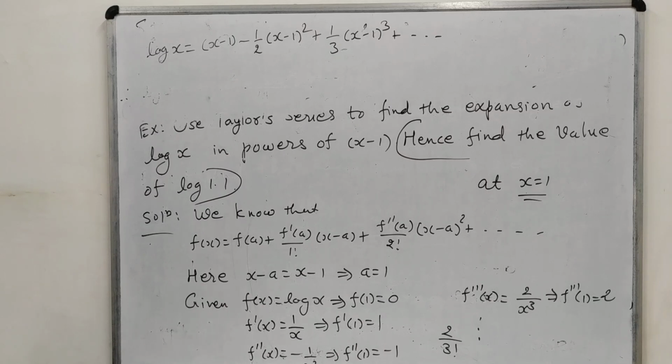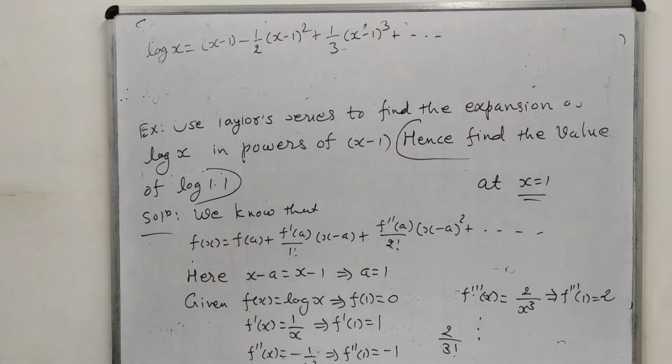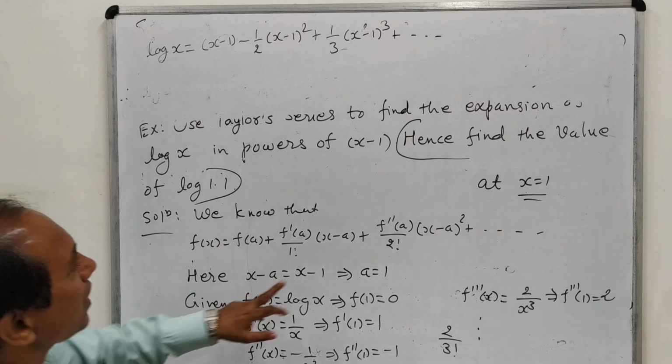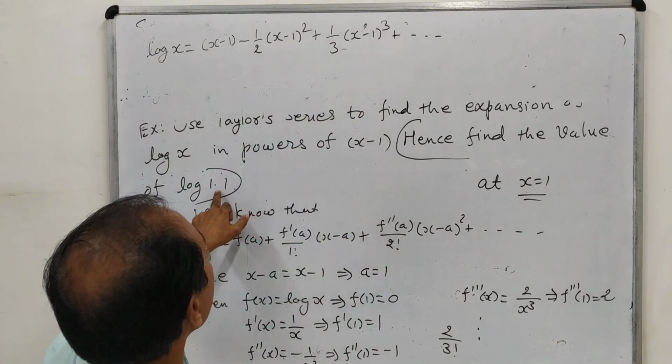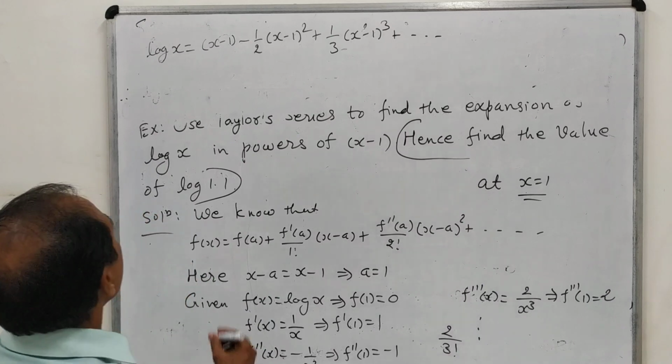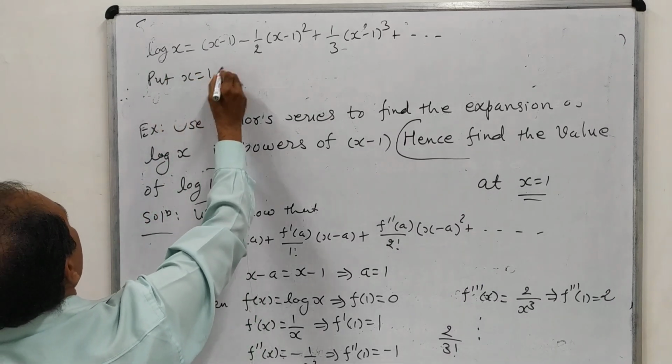And the second part is to find the value of log of 1.1. Now it is very easy, because I told you that the second part can be solved after solving the first part only, because from the first part we can obtain its value. So in this formula we will put x equal to 1.1.